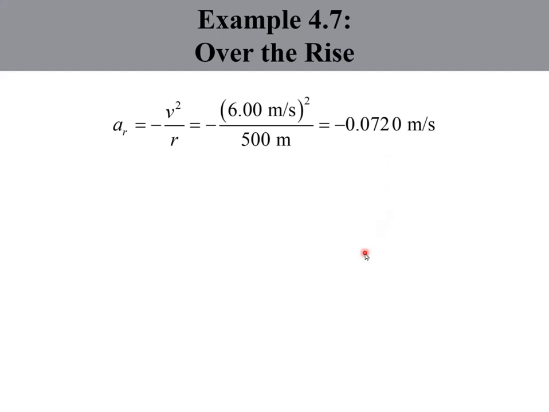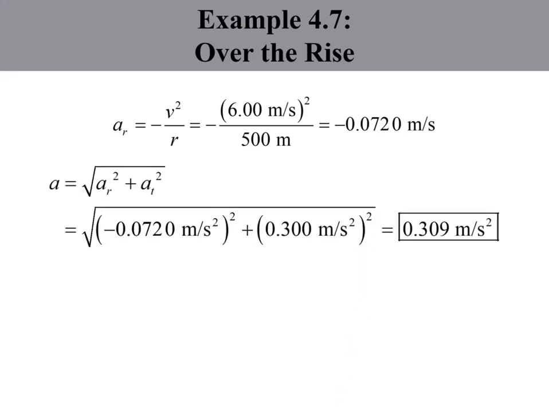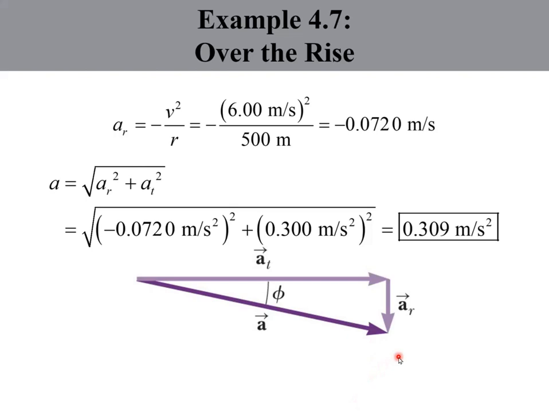And then we can find the magnitude of the total acceleration by using the Pythagorean theorem, where it equals the square root of ar squared plus at squared. The negative sign is just the direction, so we can ignore it. From here we have total acceleration equals 0.309 meter per second squared. We can draw the vectors of these accelerations like this.